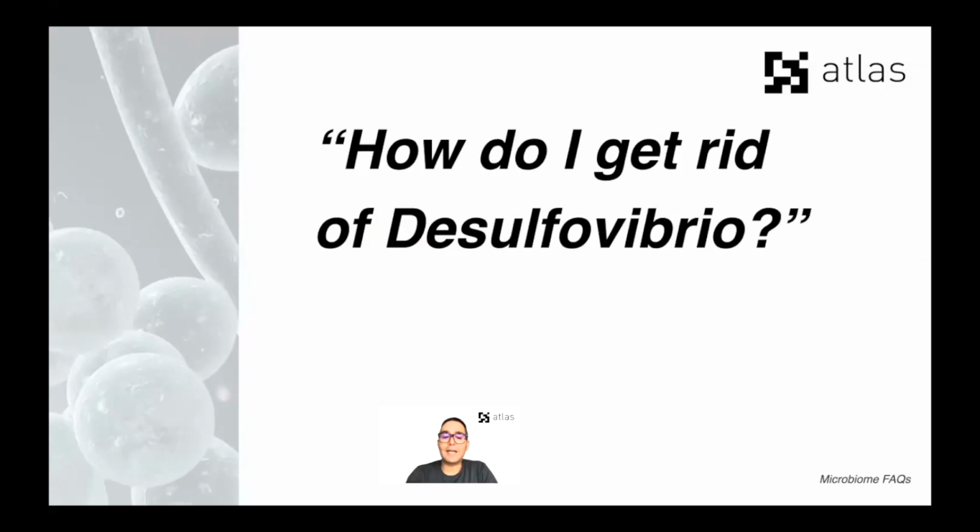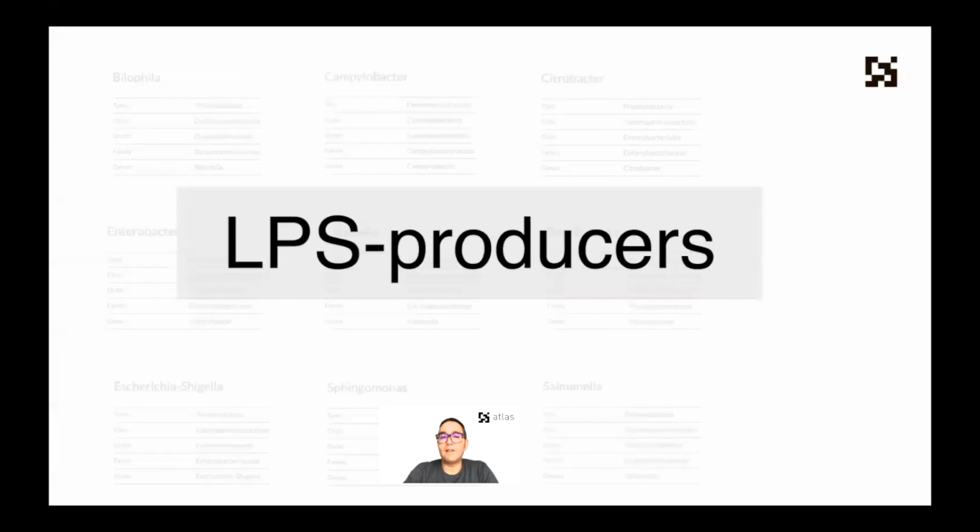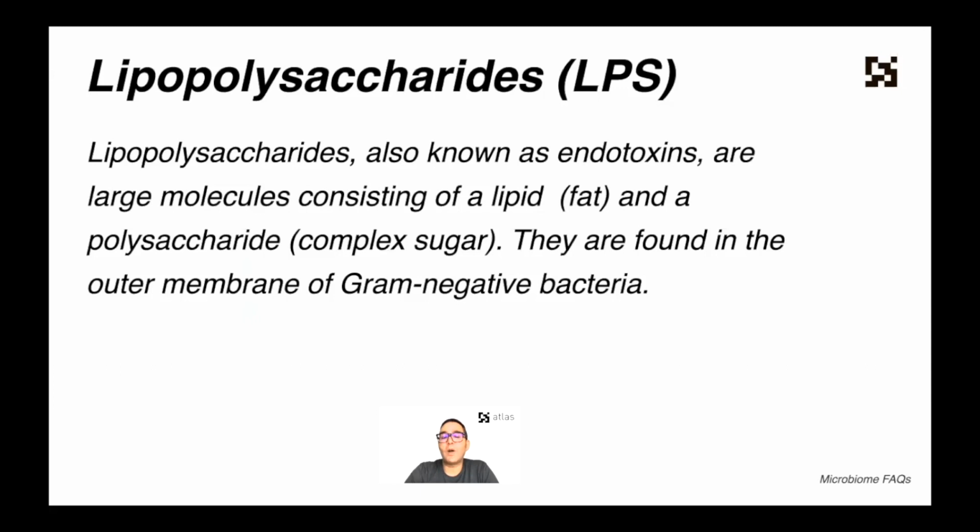I explore that as part of the impact that it has on immunity, and the fact is that LPS producers, and Desulfovibrio is one of them, being a gram-negative bacterium, carry this thing called lipopolysaccharide, or LPS, in their membrane, and in carrying that in the membrane, anytime that they touch any surface in the gut, including the gut lining, they're going to elicit a response by that gut lining that is completely loaded by molecules involved in immunity.